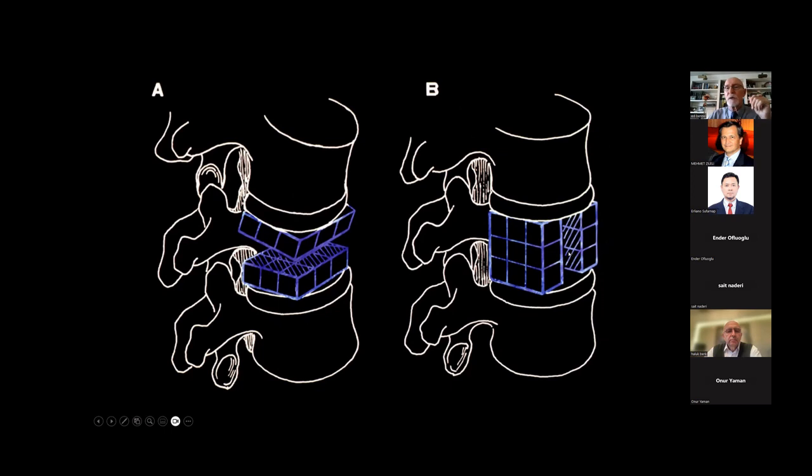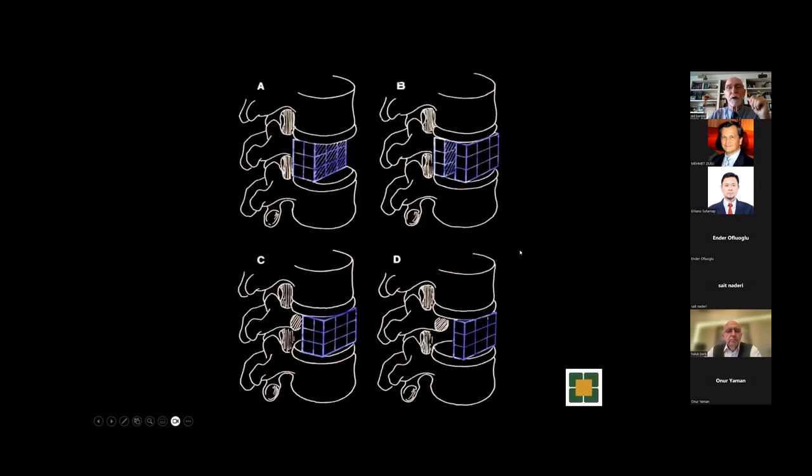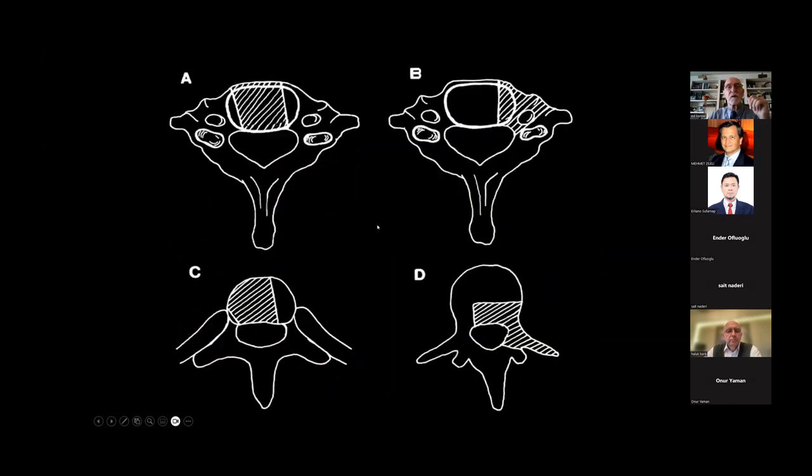The one on the right would be akin to doing an ACDF or corpectomy, excuse me, in the cervical spine, where we leave lateral aspects of the bone present, or a lateral extracavitary approach, as we see here, removing dorsal bone but leaving ventral bone in place.